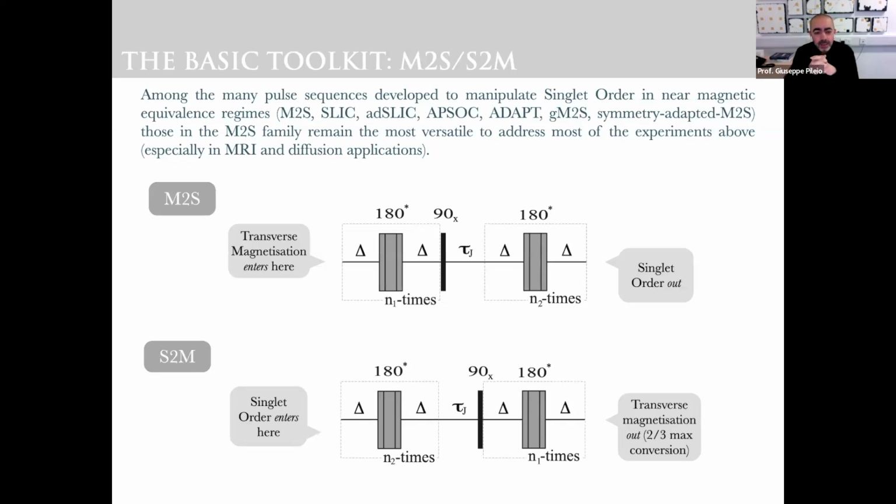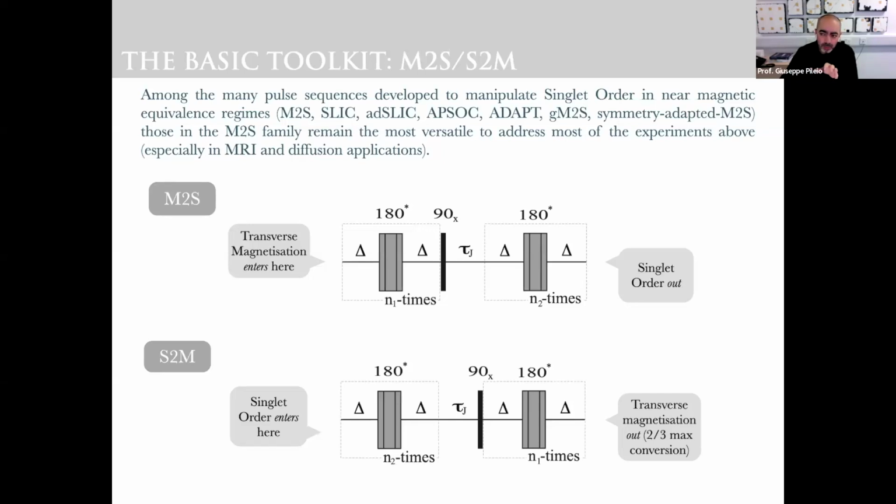And I have to say, it has been almost 20 years now since Malcolm proposed this idea of long-lived spin states. And a lot of groups, Malcolm's group at the beginning, and then my group and other groups, developed pulse sequences to play with these states. And there are a plethora out there. These are known as M2S, SLIC, adiabatic SLIC, APSOC, ADAPT, generalized M2S, symmetry-adapted M2S, and so on.